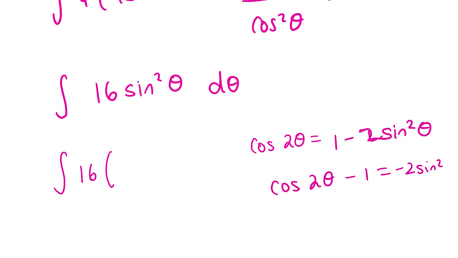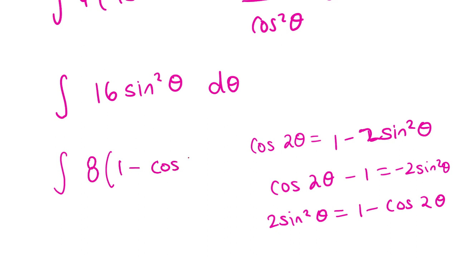So, positive, I'm going to have 2 sine squared theta equals 1 minus cos of 2 theta. If I've got 2 sine squared theta equals this, how many have I got? Technically, this becomes 8 lots of 1 minus cos of 2 theta with respect to theta.